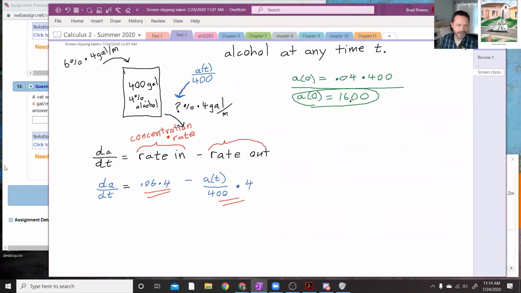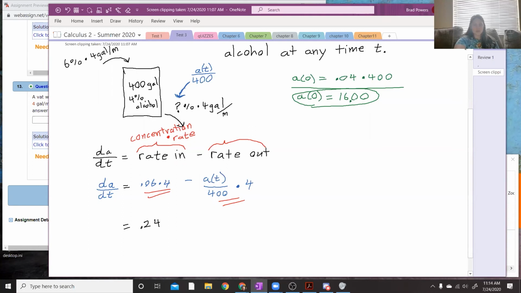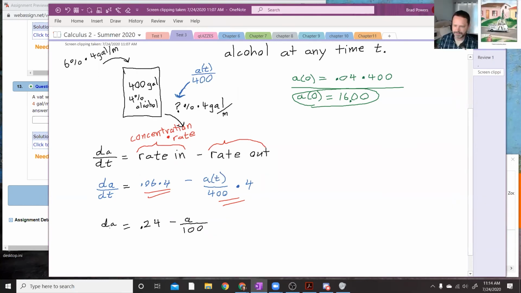Or do one of you guys want to do it? Want to tell me what to do? Let's see here. What is 4 times 0.06? It's 0.24. So yeah, 0.24 minus A over 100 equals dA/dt.